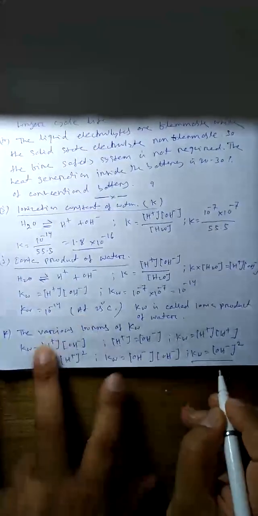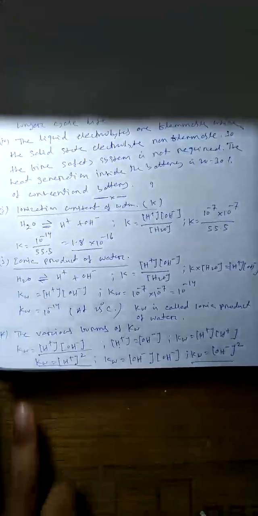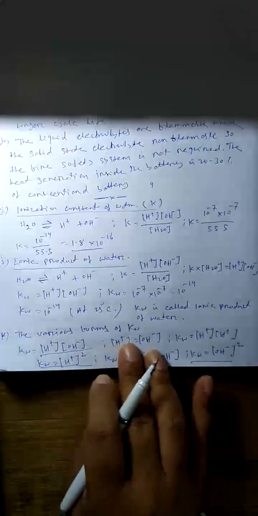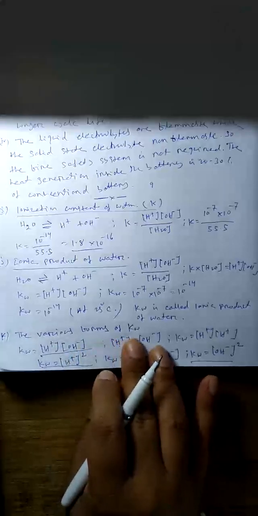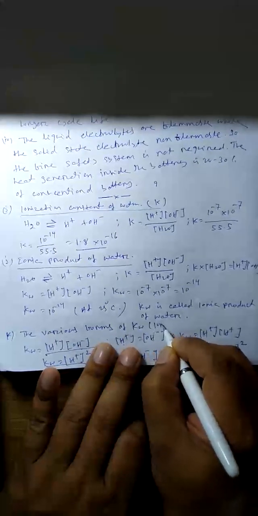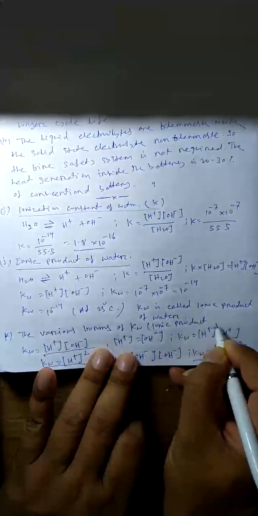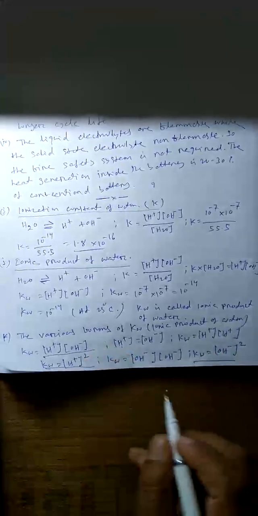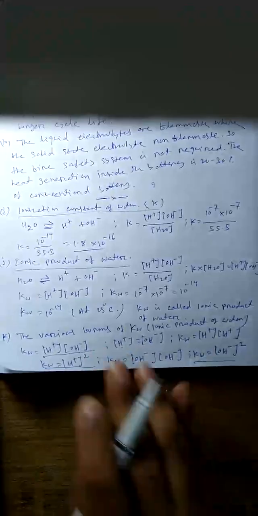It is one form, another form, and another form. Three forms we can write for Kw, the ionic product of water. In three different ways I can write the ionic product of water.